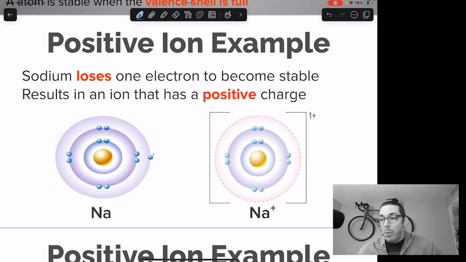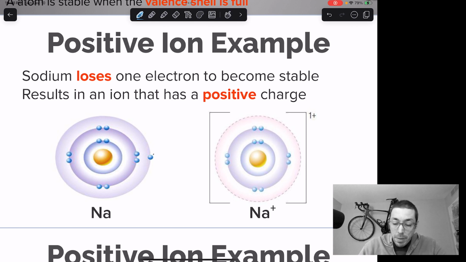But that would be really physically probably impossible. It's much easier for sodium just to say, well, I only have one in my valence ring. Let me try and get rid of that one electron, and that will leave the next ring to become the valence ring, and that's already full. That will make sodium more stable.